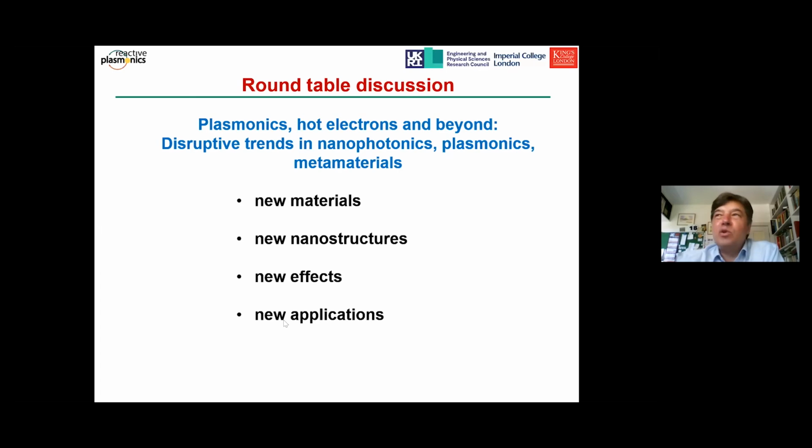I think plasmonics is now at the stage where we pretty much understand most of the basic properties, and if we want to go to practical applications, we need to take a very specific application and then use the various knowledge that we have now to build an ideal plasmonic tool, device, or nanoparticle for that particular application, because I don't think there is one size fits all in this.